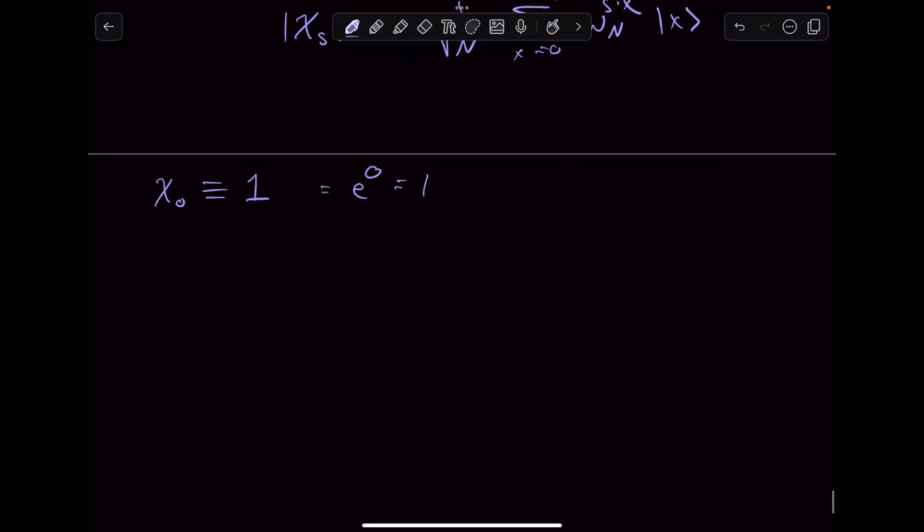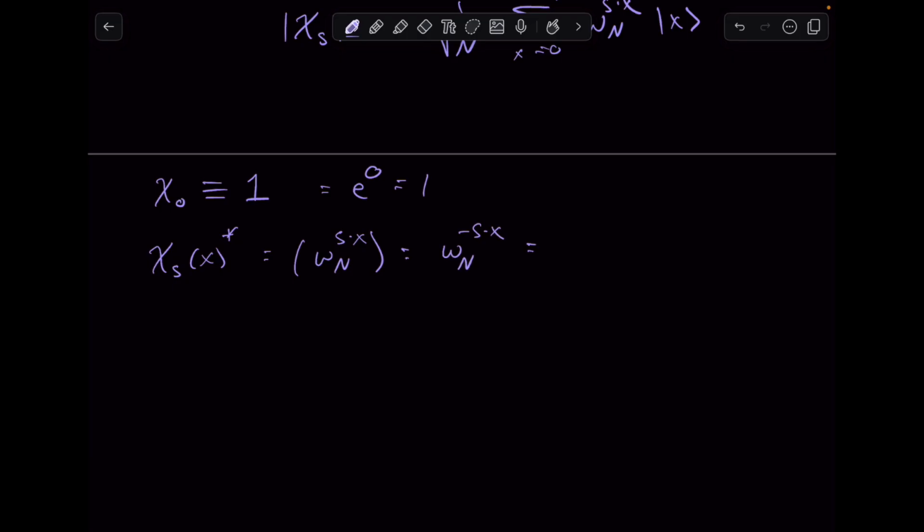And another thing is these are complex numbers, so it's good to understand what happens when we take complex conjugates. If we take the complex conjugate of the root of unity, all that happens is we get a negative sign in the exponent.